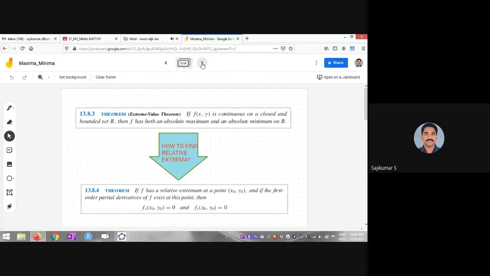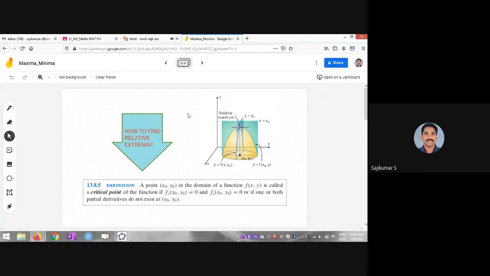So we have to look for a general definition, and that is called a critical point. A point (x0, y0) in the domain of the function f(x, y) is called a critical point of the function if the first order partial derivatives are 0, or if one or both partial derivatives do not exist at that point. So we have to account for all the points at which the first order partial derivatives are equal to 0, and consider the points at which they may not exist.